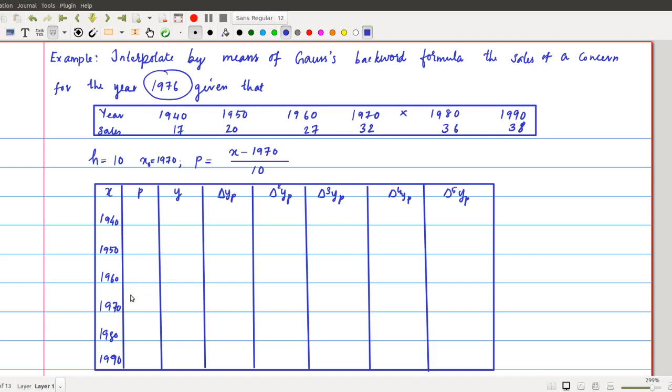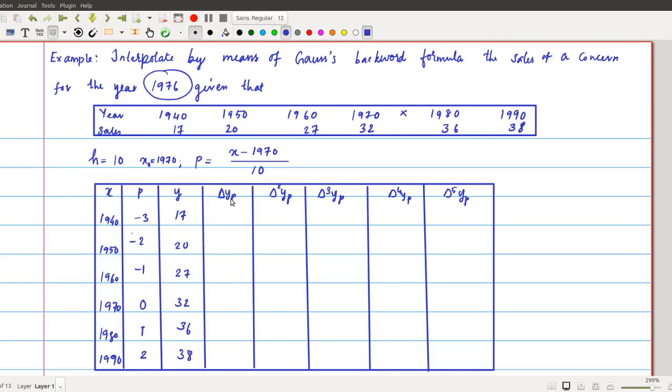For 1970 we have 0 here, and here we have -1, -2, -3, and here we have 1 and 2, and the corresponding y values are 17, 20, 27, 32, 36 and 38. So these are the y values.